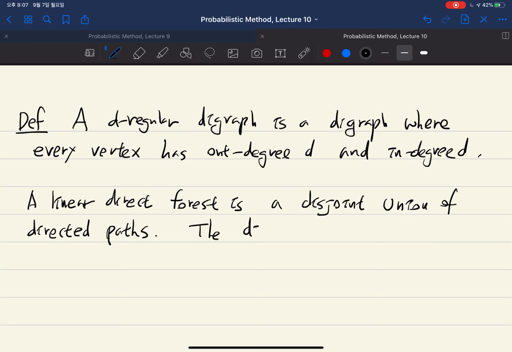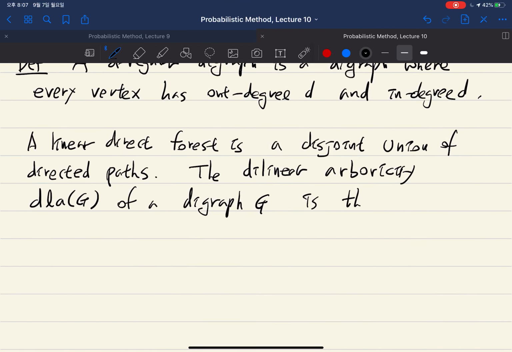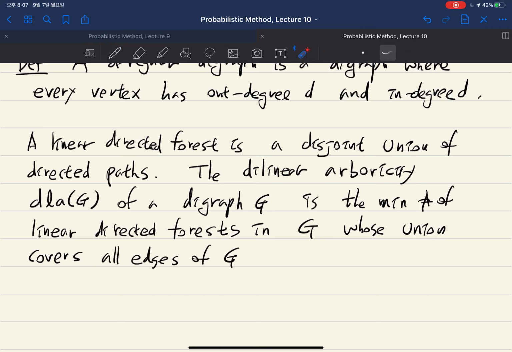And we say the directed linear arboricity of a digraph G is the minimum number of linear directed forests in G whose union covers all edges of G. Here you can say whose union covers all edges of G, or that the edge set of G partitions into that number of linear directed forests.